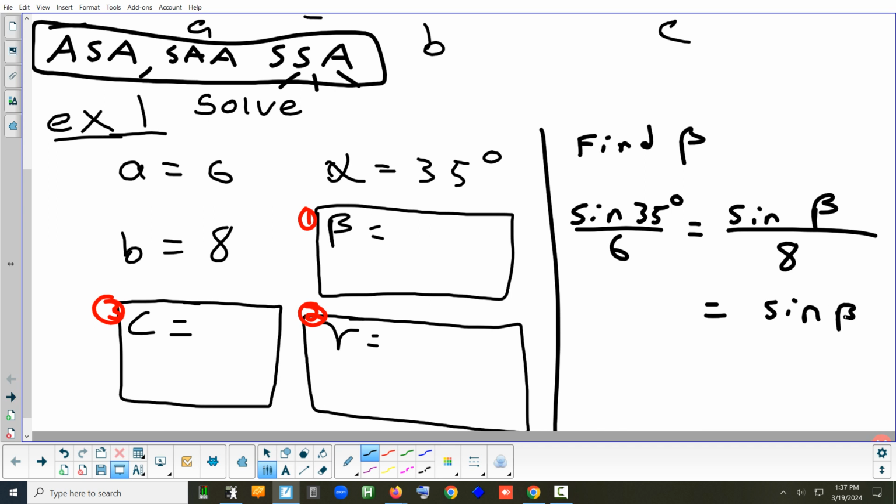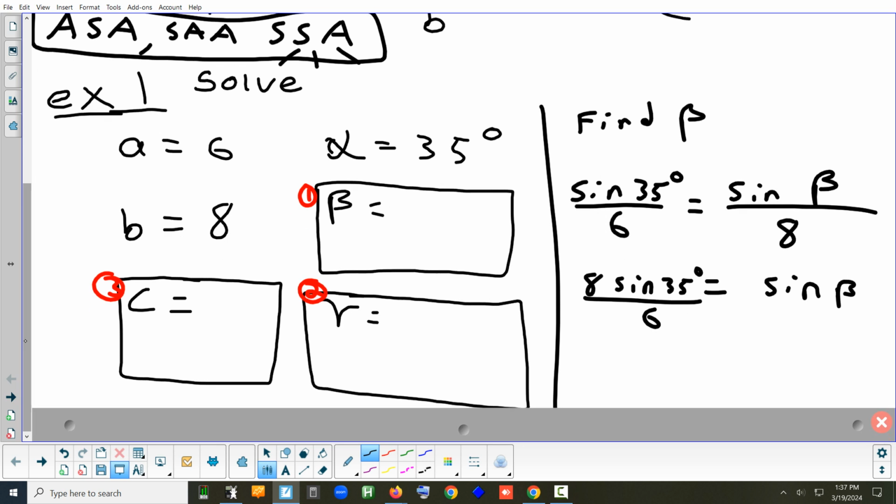All right. Now to get sine beta alone, what do we have to do on both sides? Multiply both sides by 8. All right, so now we got sine beta alone. And we want to do a little bit better. We want to get beta alone.